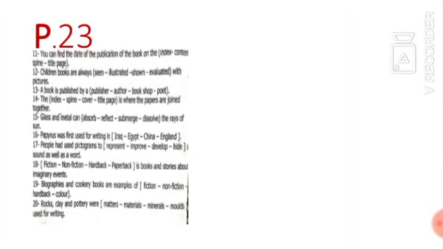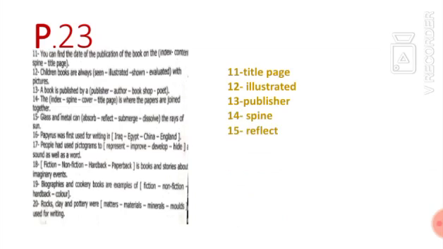Number 11. You can find the date of the publication of the book on the title page. Number 12. Children's books are always illustrated with pictures. Number 13. A book is published by a publisher. Number 14. The spine is where the papers are joined together. Number 15. Glass and metal can reflect the rays of the sun. Number 16.